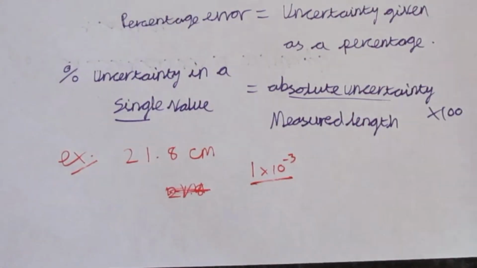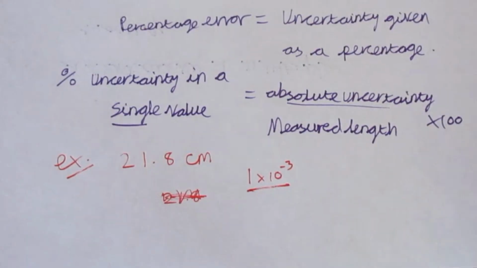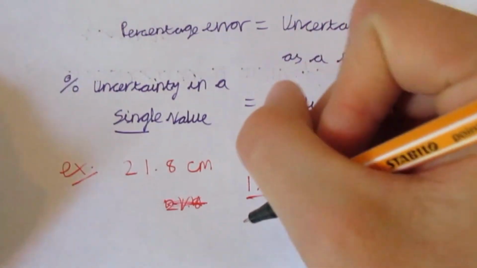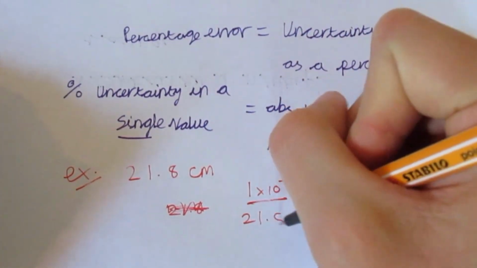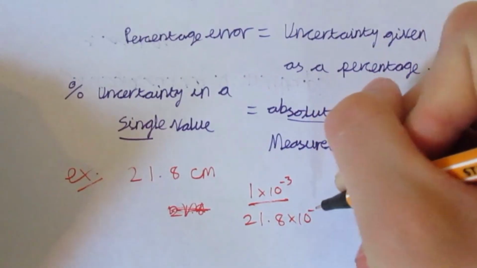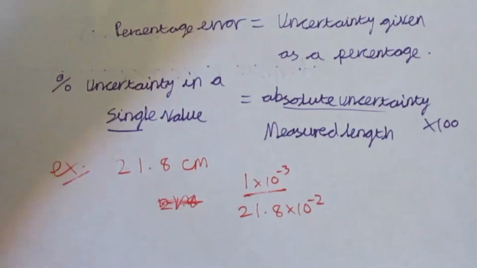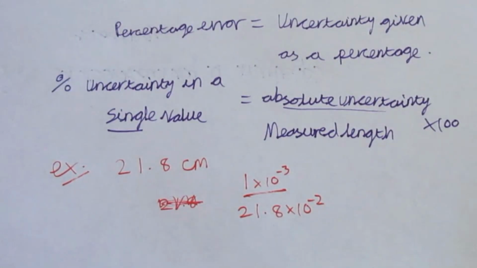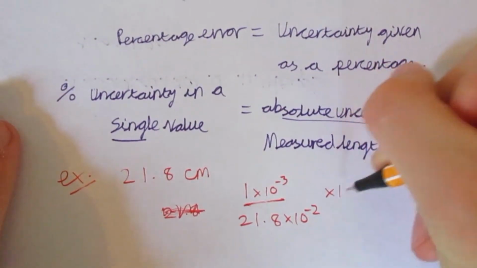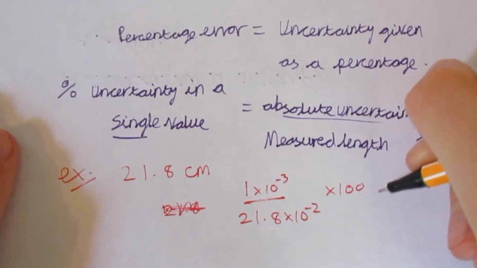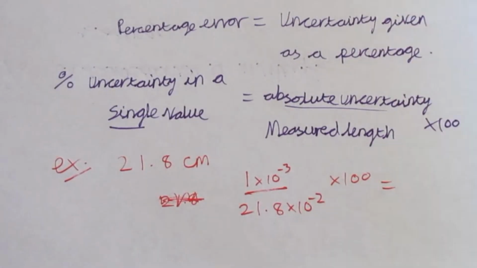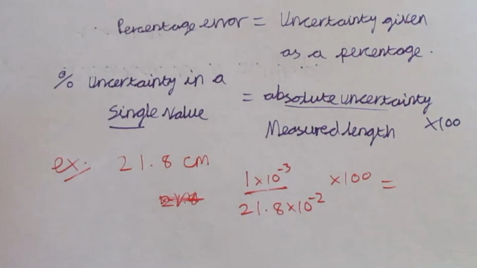Go check out the absolute uncertainty video if you're unsure of that. Over the measured value, so that will be 21.8 times 10 to the minus 2, because centi is 10 to the minus 2, and that will be times 100. Put that into the calculator. What do we get? So probably should have done this in advance, but oh well.